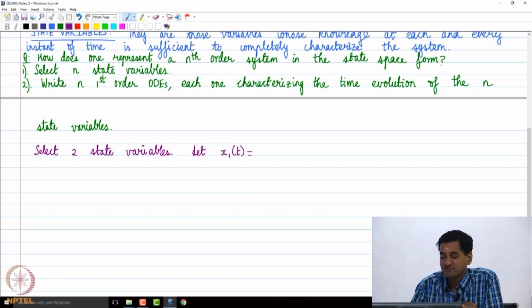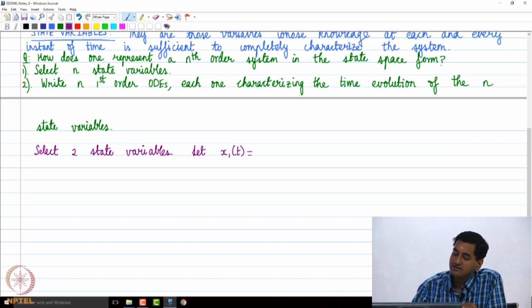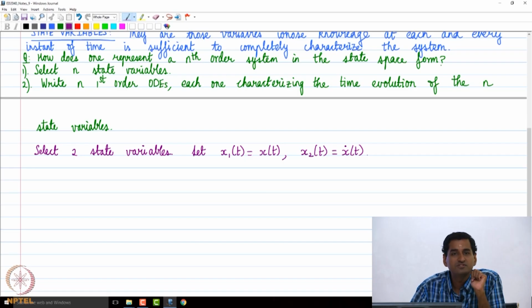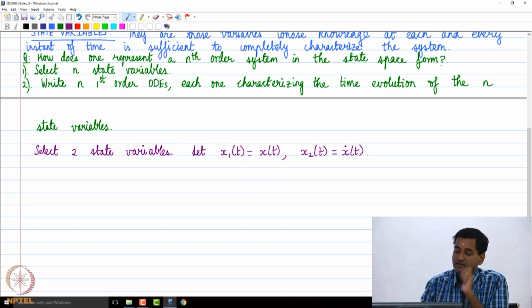Okay. So by and large it is a convention to write the state variable using the character x. Okay. So the first state variable x1, let's take it as the displacement x of t, right? And let's say the second state variable x2, let us say we take it as the speed x dot of t. Okay, so let's say we choose these two as the state variables, right?